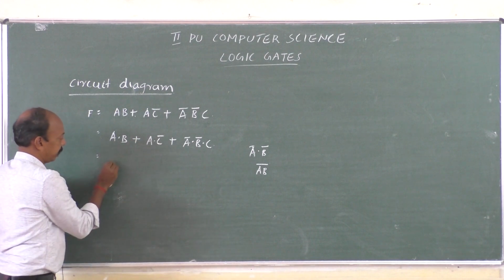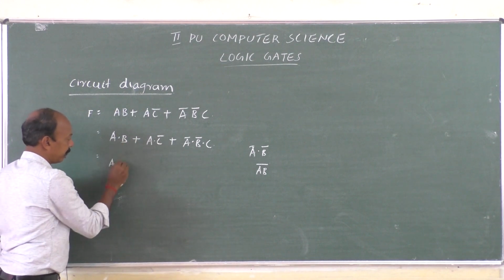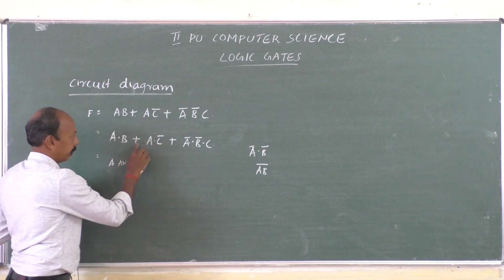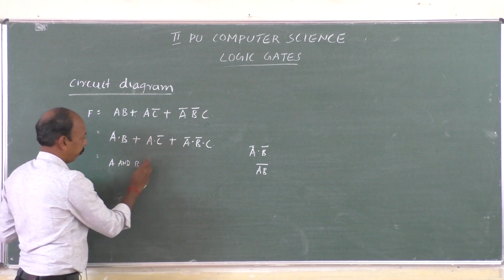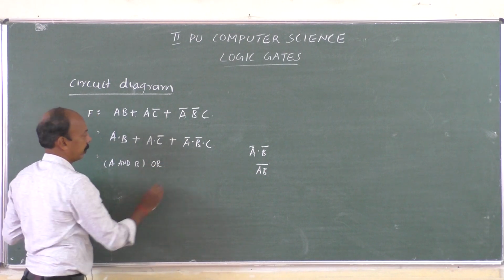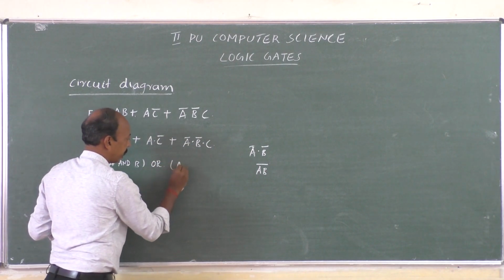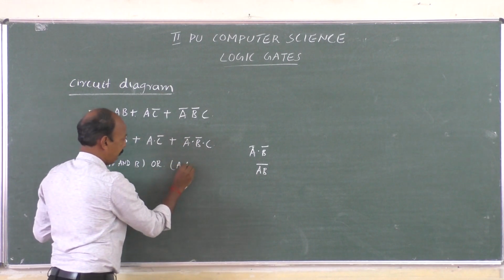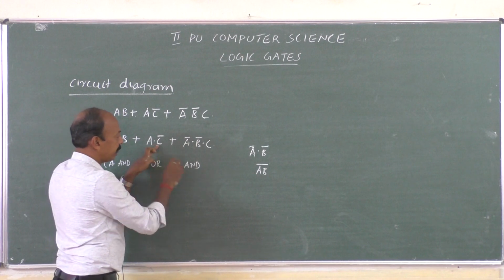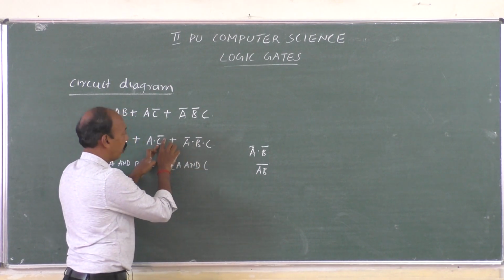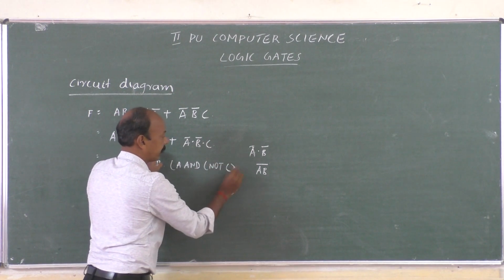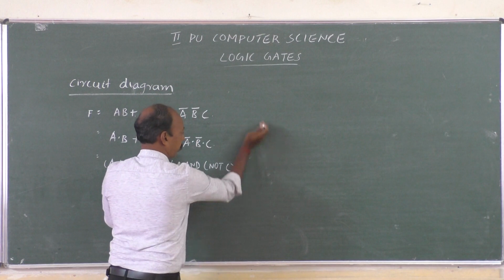So what is the meaning of this? A dot is AND B, this is one term, or A AND C bar. C bar is what? C bar is not of C. Let us discuss that later.